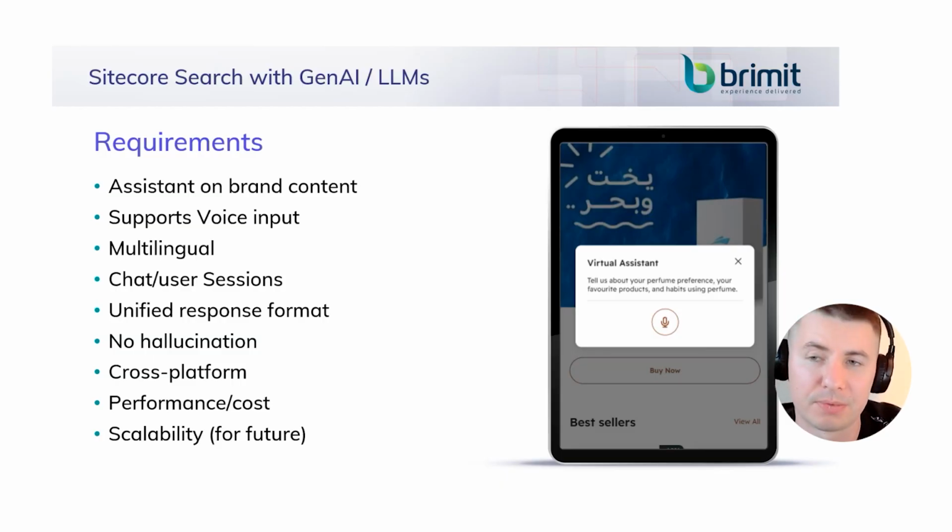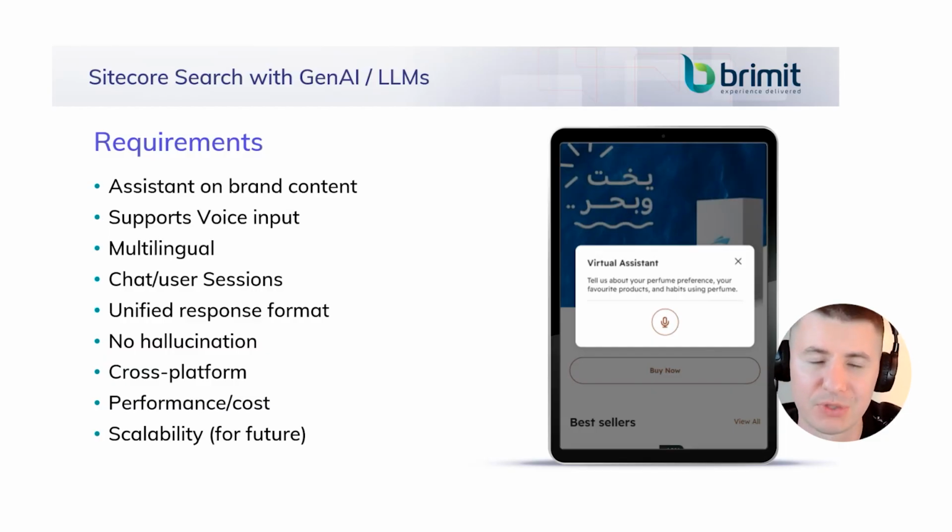Also, if the question is not about our products, the assistant should not answer it. In the same way, if the assistant cannot find anything related to the question, it should answer something like, sorry, we have no products matching your request. And also, our solution should be cross-platform.